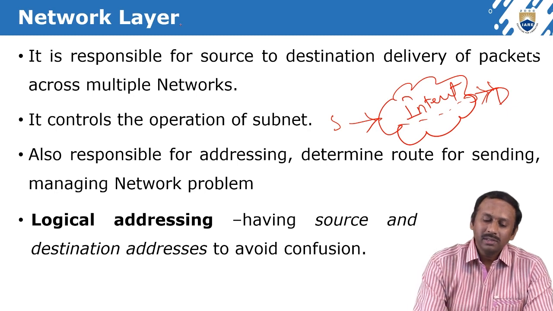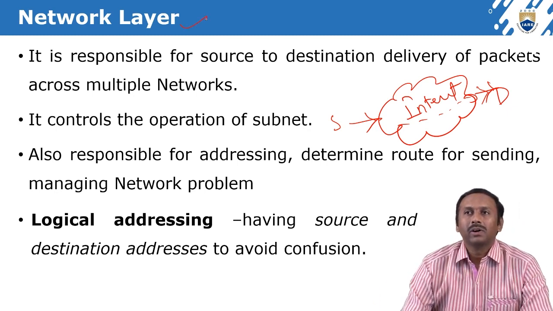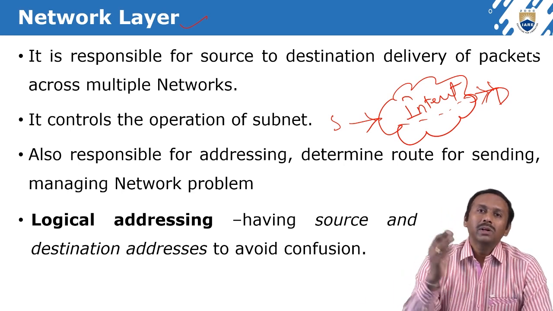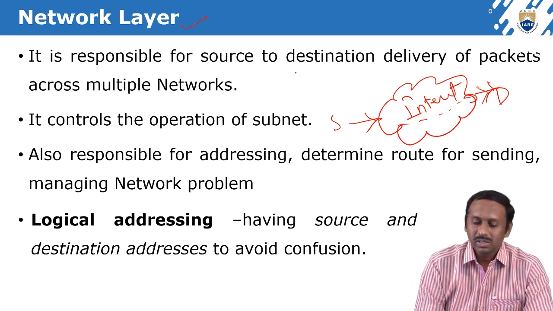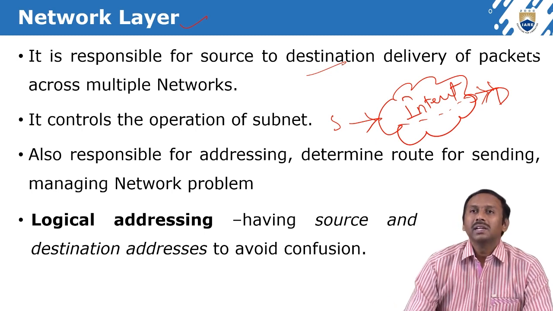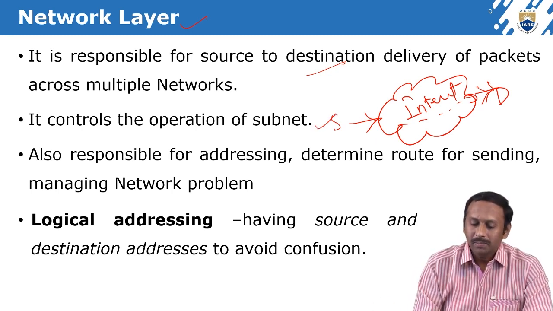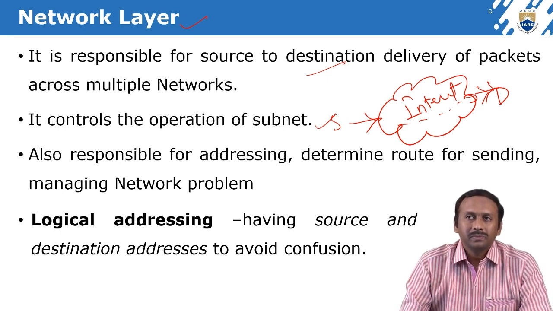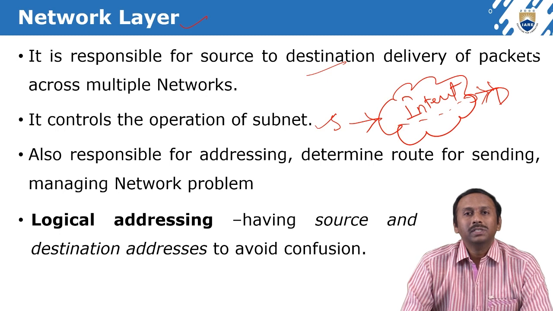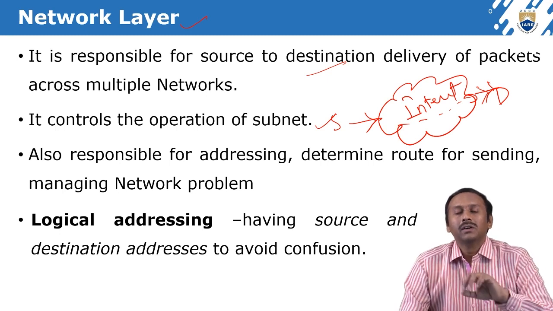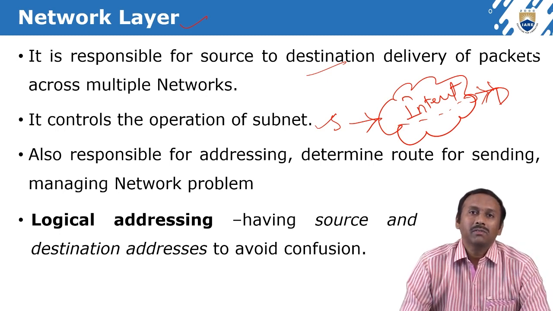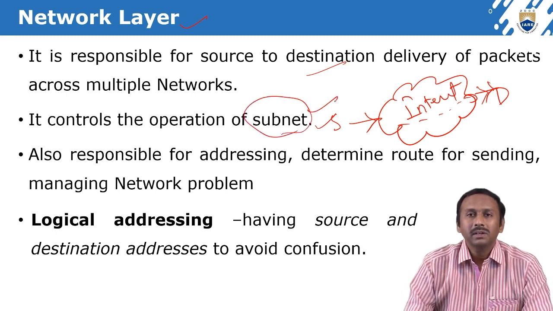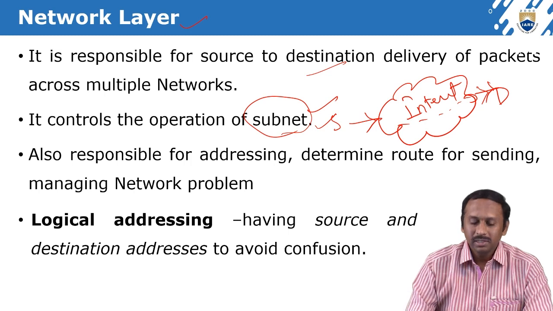The network layer takes the responsibility of transmitting the mail or message from source to destination, and it controls the operations of the subnet. We already discussed the major operation of the subnet, which is to minimize the data flow.